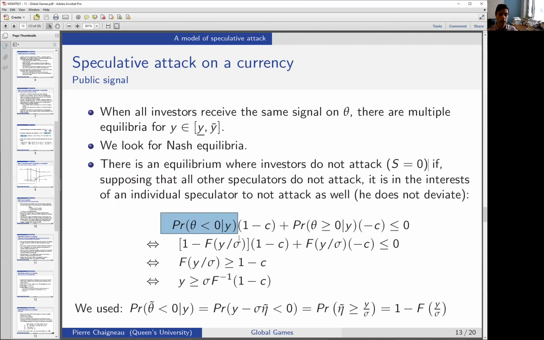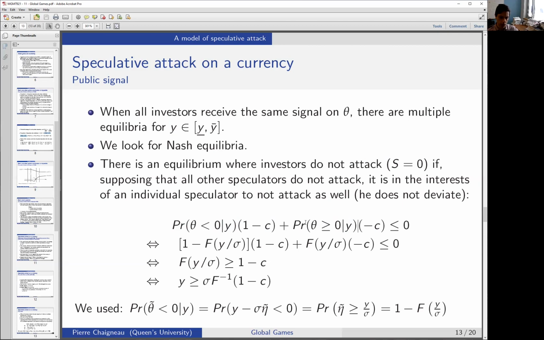Also, we take the conditional probability based on the information of economic agents, so it is conditional on their signal Y. Likewise, what is the probability for the attack to fail? This is the probability for theta to be greater than S, with S equal to 0. This is equal to this probability. Again, it is a conditional probability, conditional on the information of the economic agents, which is Y.